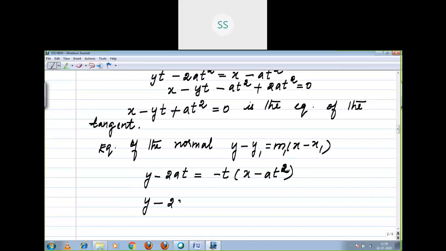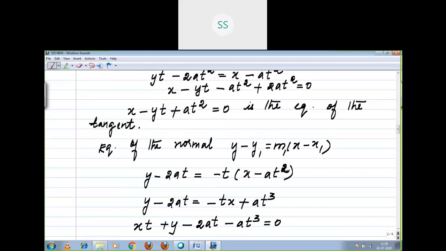Now y minus 2at equals minus t into x plus at³, law of exponent. Now xt plus y minus 2at minus at³ equal to 0.